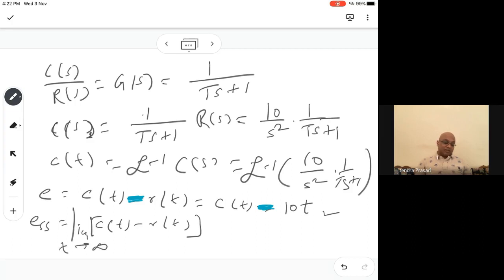So at t equal to infinity, we can find what the error actually is, which is equal to simply the limit as s tends to 0 of s times E(s).